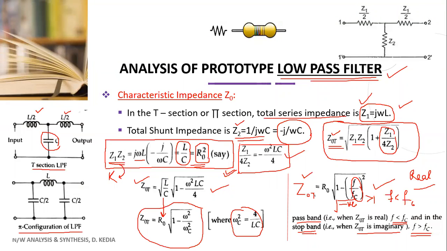So just by looking at the characteristic impedance expression, we can make out whether it is the characteristic impedance of low pass or high pass or band pass or band stop. You can see one example we have seen here just now. Okay, so this was the characteristic impedance analysis of your prototype low pass filter.